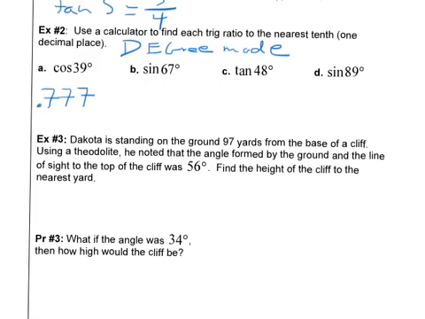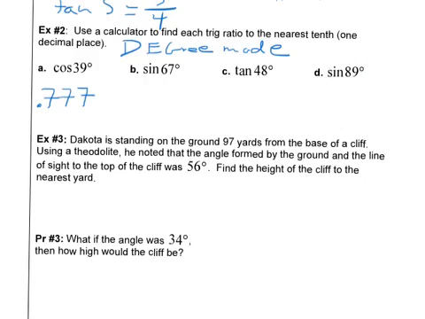In fact, you would get 0.266. So make sure it's in degree mode. So why don't you go ahead and see if you can get the other trig functions here: sine of 67, tangent of 48, and sine of 89. Try it on your own.